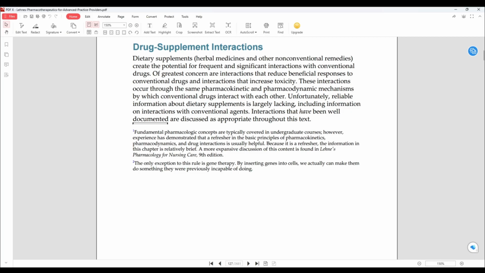These interactions occur through the same pharmacokinetic and pharmacodynamic mechanisms by which conventional drugs interact with each other. Unfortunately, reliable information about dietary supplements is largely lacking, including information on interaction with conventional agents. Interactions that have been well documented are discussed as appropriate throughout this text.